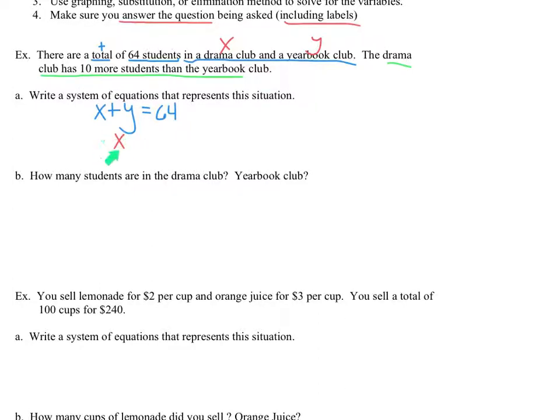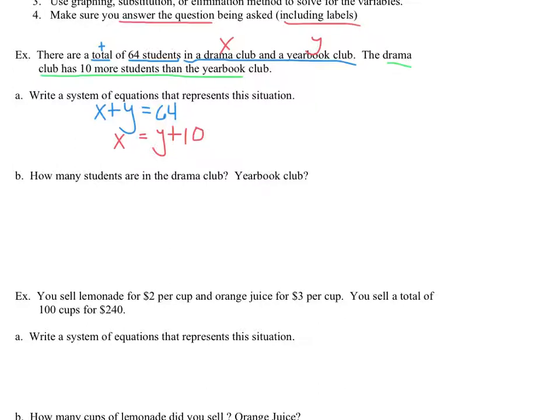But if you think about it, x, which is the drama number, is the bigger number. So the drama club has 10 more than the yearbook club. It really would be the yearbook that needs the plus 10 to come up to the level of the drama club numbers. Now you could have done subtract 10 from drama club to bring it down to the yearbook club.